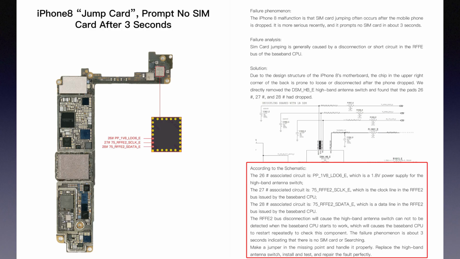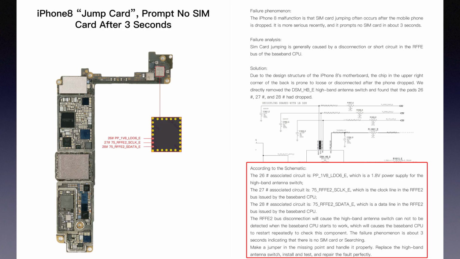The pin 27 associated circuit is 75 RFFE2 SCLKE, which is the clock line in the RFFE2 lines issued by the baseband CPU.